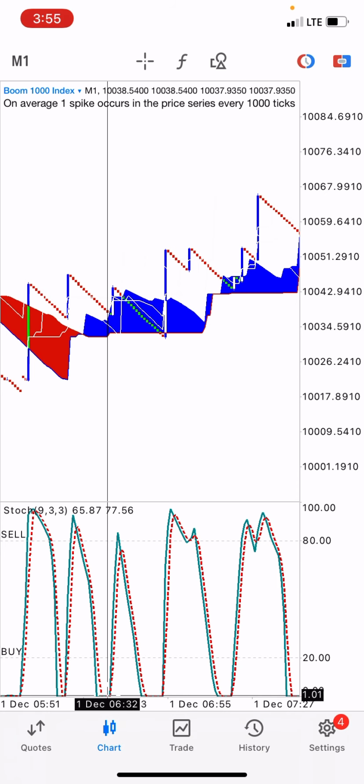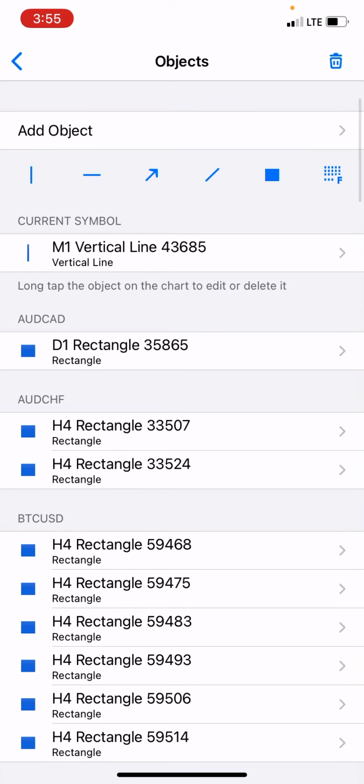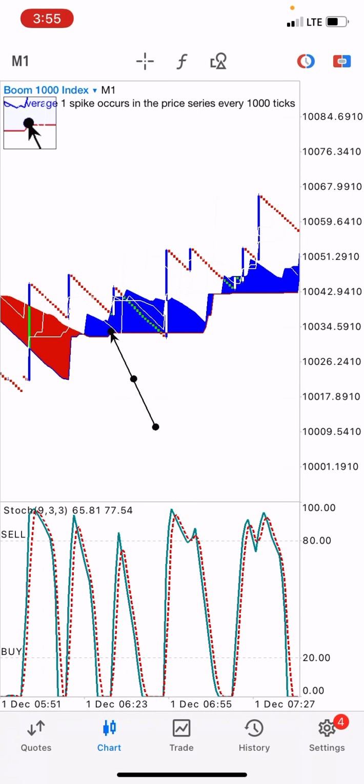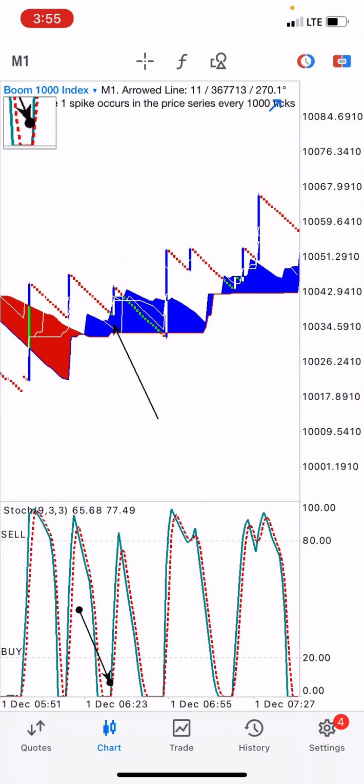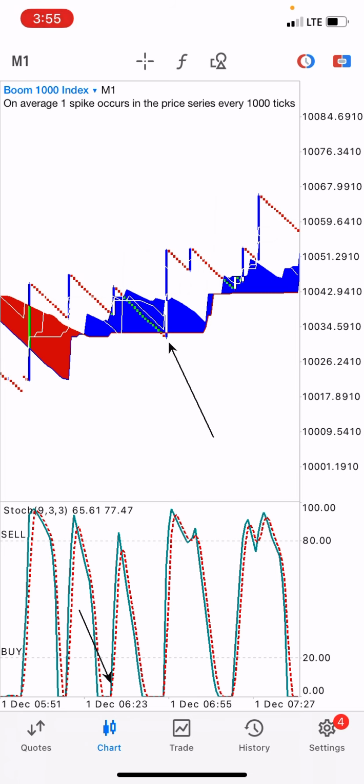As you can see, it spiked here. Another one here again, you take your buy. Immediately the stochastic gets to 20, you buy right here. Maximum 1 to 5 candles, you hold for 1 to 5 candles.